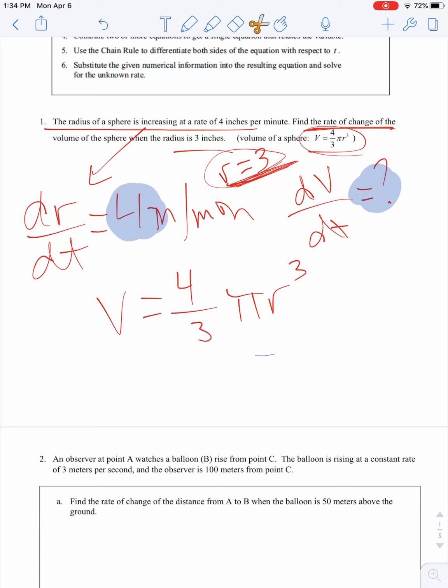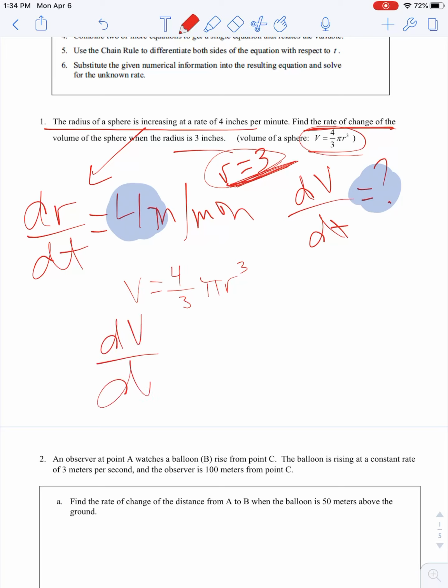Derivative, let me shrink this up a little bit. Derivative of V with respect to time is dV/dt. The derivative over here, remember, 4/3 pi is just a constant. If I just do a side note, what's the derivative of 4r cubed? You would say 12r squared, no problem. Remember, pi is just a constant, so I'm just going to take the exponent times the constants.